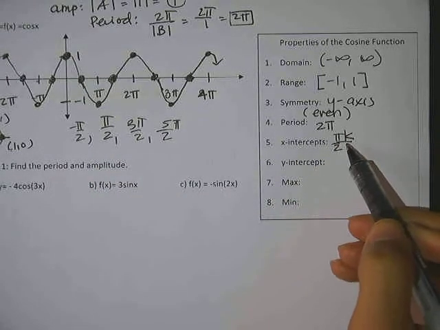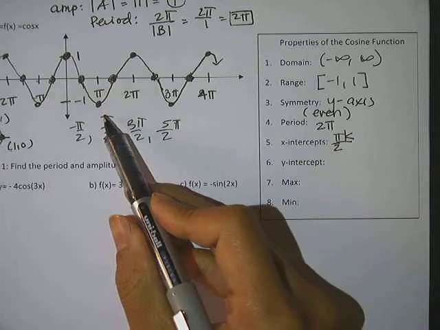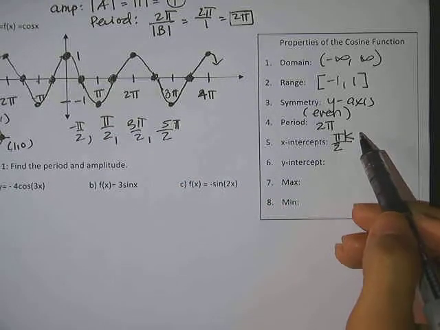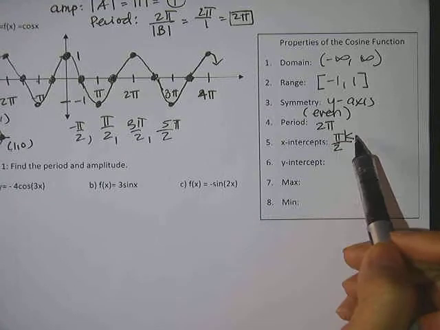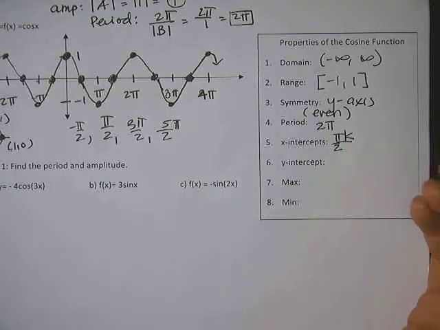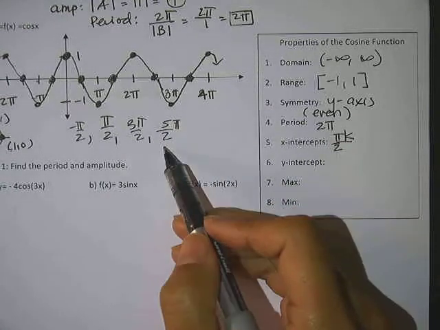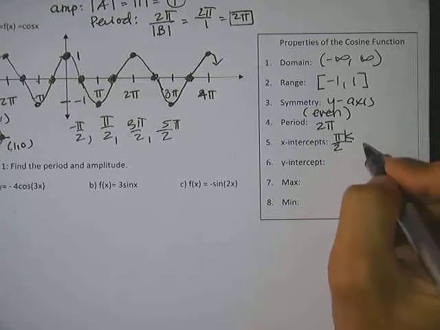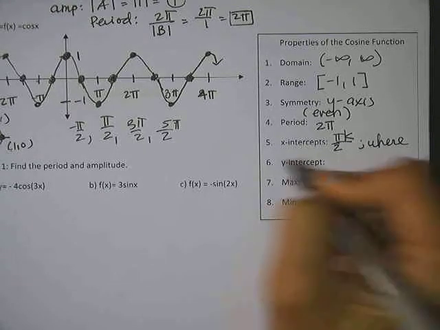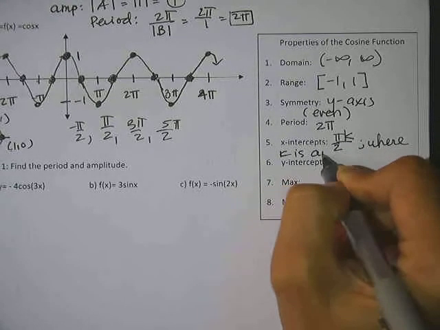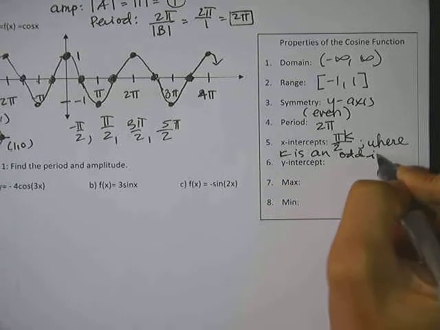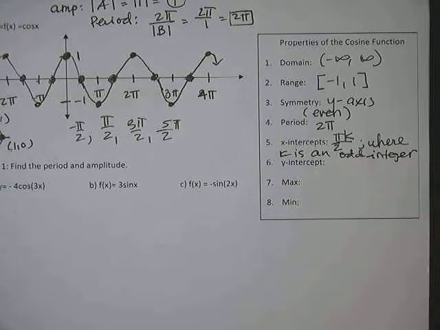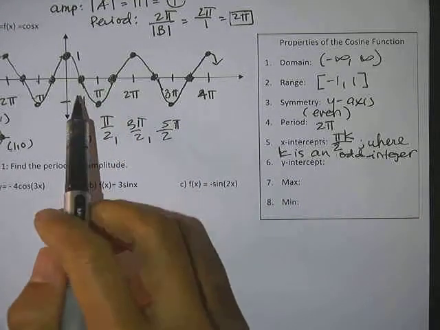If k is 1, I have 1 over 2, which works. When k is 3, which is an odd integer, 3 over 2, that works. When k is 5, 5 over 2, that works. Where k is an odd integer. Okay? So you always have to define what your k is, otherwise it doesn't make sense, because earlier we said k was all integers.